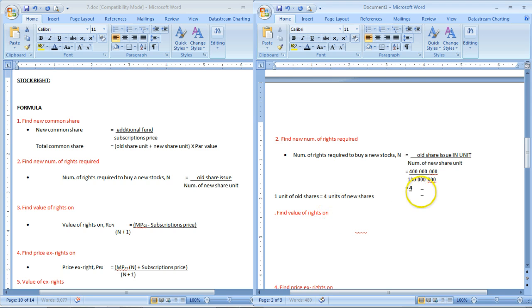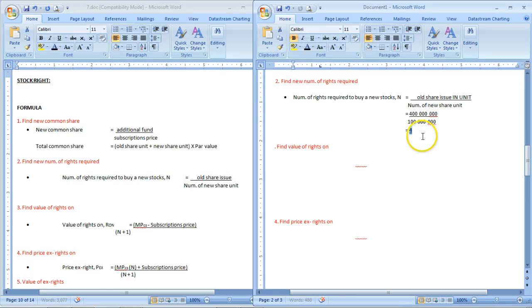So your number of rights required to buy a new stock, sorry, you need 4 units of right, correct? So remember, for 1 unit of shares that you want to buy, you need 4 rights. This is so you know how many rights are required to buy a new stock. So all shares divided by new shares.